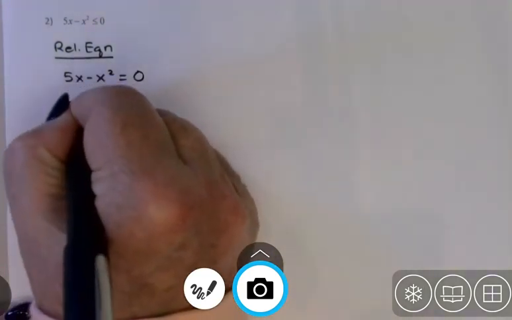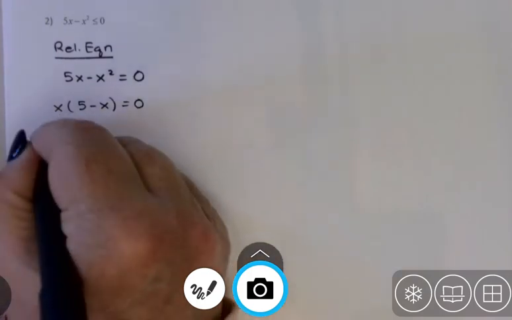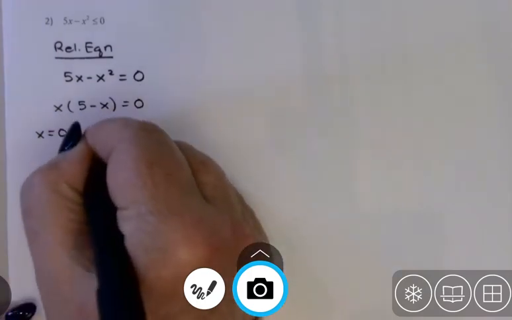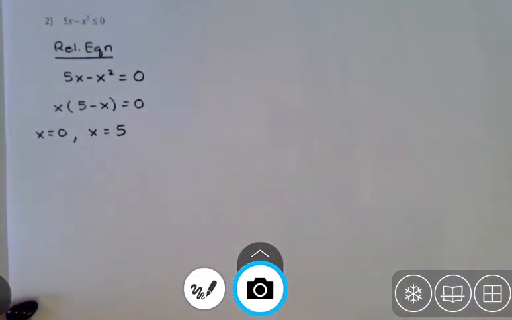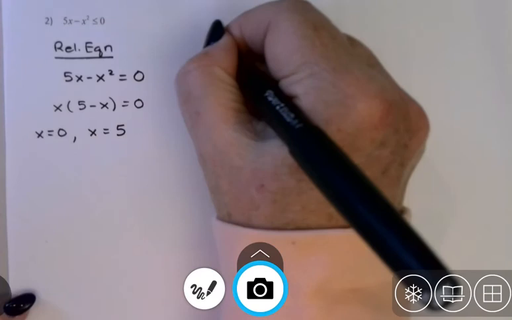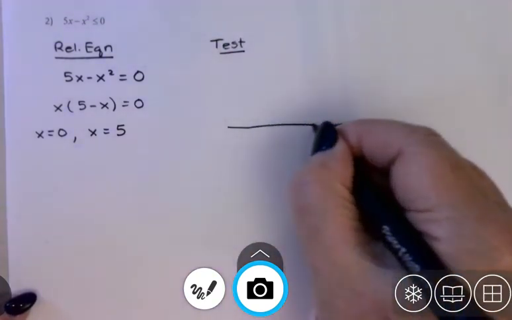Looks like I can factor out an x here, which would give me solutions at x equals 0 and also at x equals 5. We'll test those.